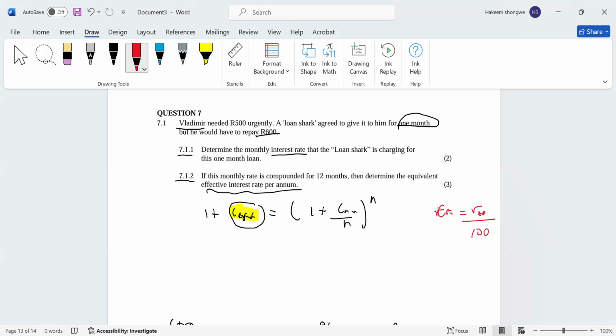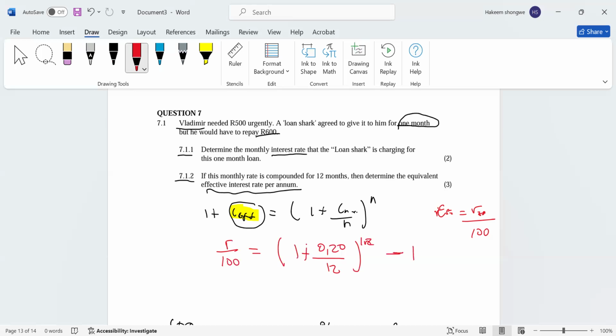Now we're going to substitute. First, we transpose the 1 to the other side to save time and ink. So i effective, which is r effective all over 100, is equal to open bracket 1 plus 0.20 all over n, which is 12, close bracket to the power of 12, minus 1.